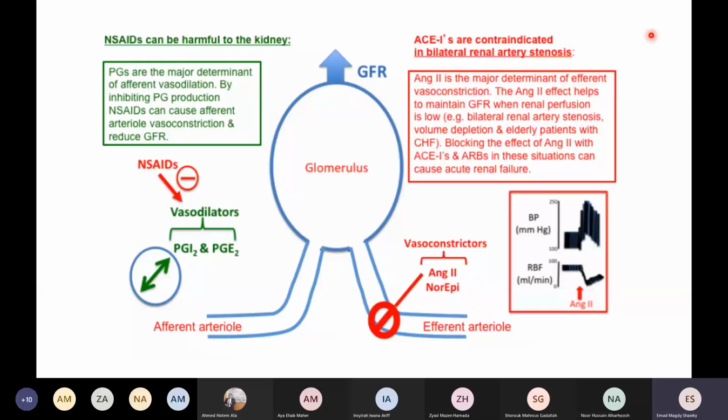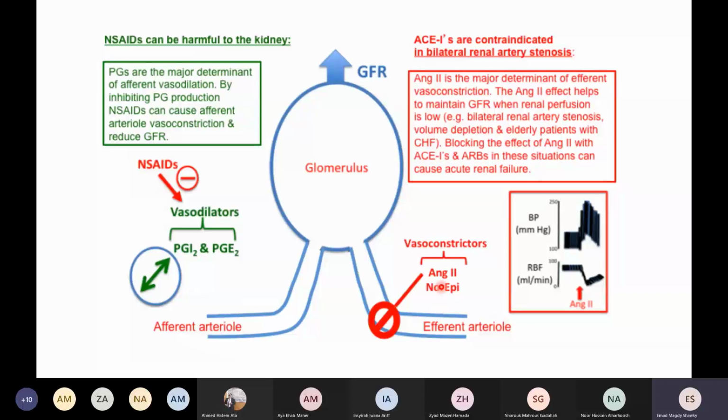And this also will tell you, this is a separate topic, not the aim of my lecture, but this is why we told you in the last case that ACE inhibitors are very dangerous in bilateral renal artery stenosis, and we cannot use them in renal artery stenosis. Why? Because in renal artery stenosis there is intraglomerular hypotension by the pathology. So if we add efferent arteriolar vasodilatation, the GFR will drop and drop.